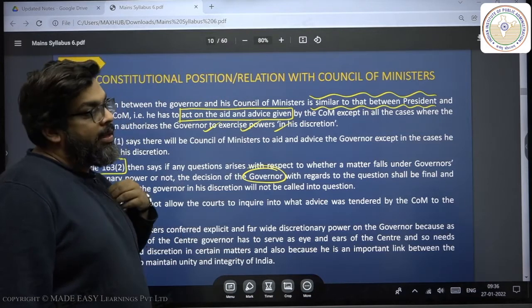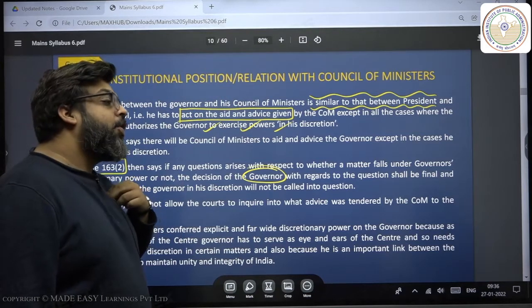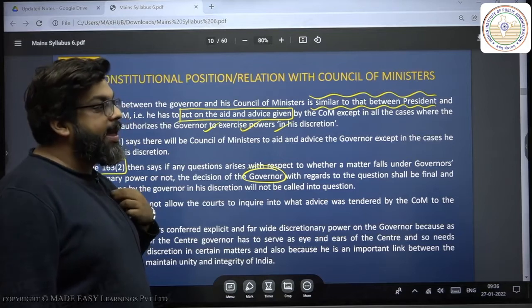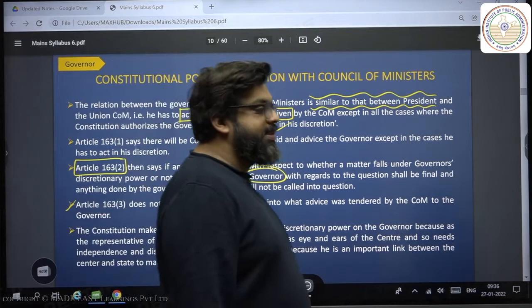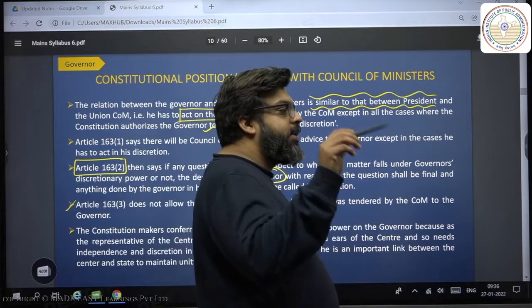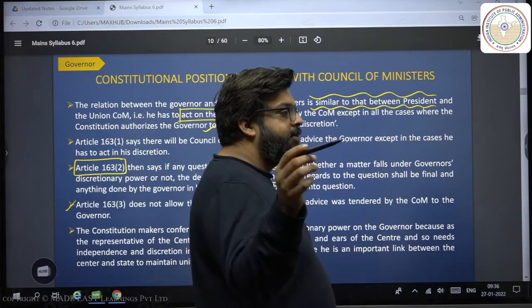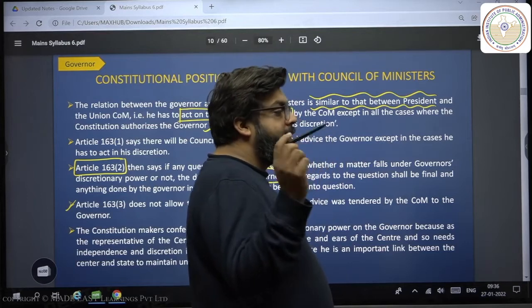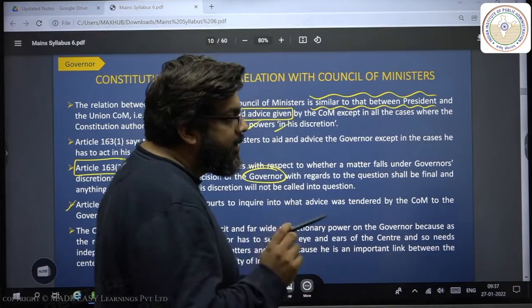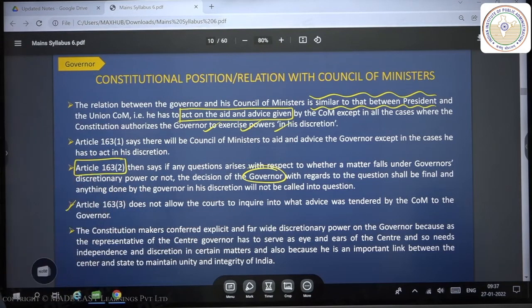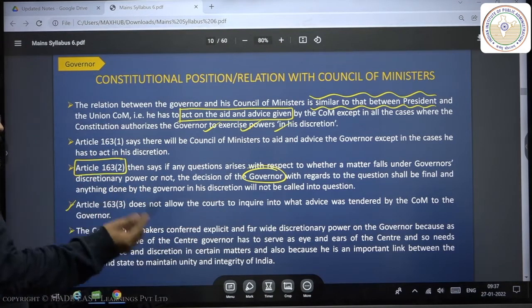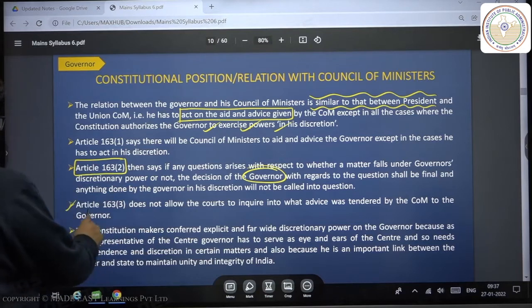The material that they have relied on to give that advice, that can be inquired into. We applied this provision for ordinances, right? You cannot question the advice, you can't get into the intention, but you can get into the material that the Council of Ministers has relied on before giving advice to the governor.